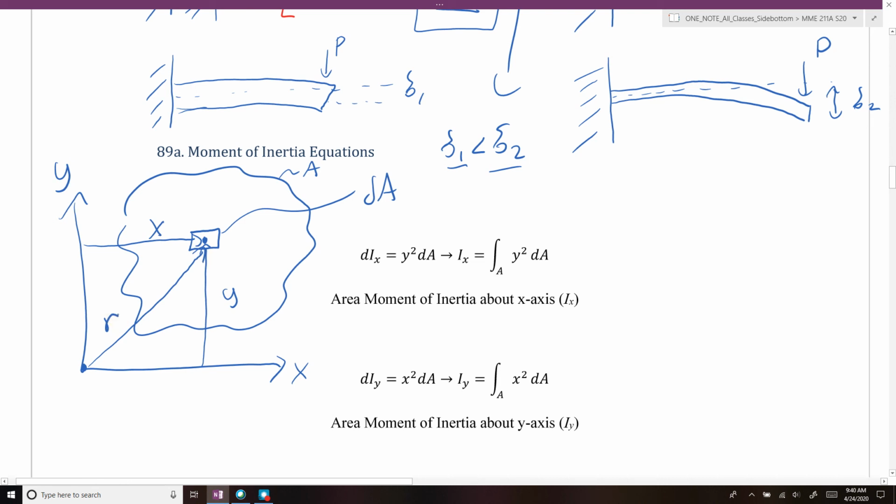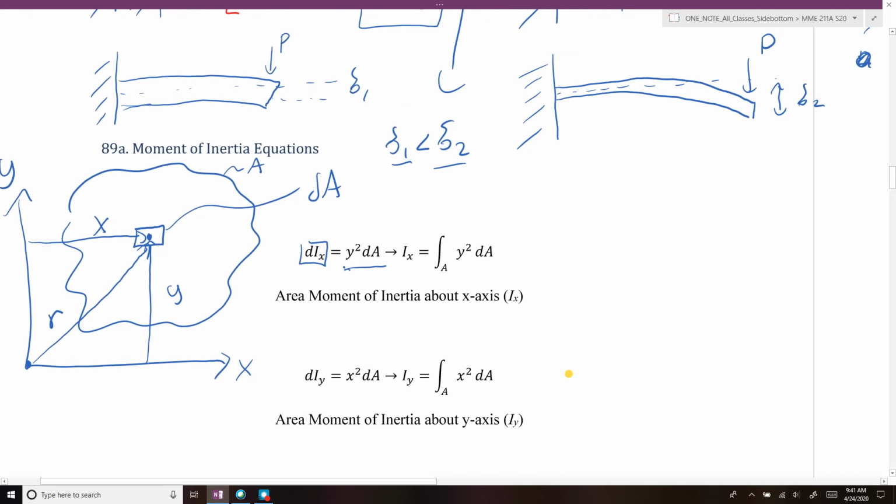So the moment of inertia of that little element about the x-axis would be proportional to y squared times dA. If we integrate that, we would get I of x is equal to the integral of y squared dA.